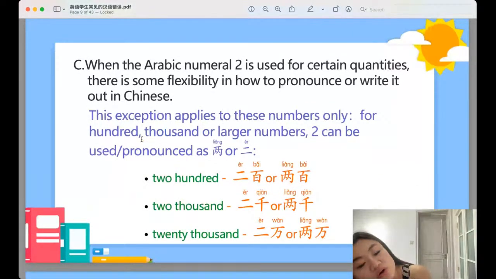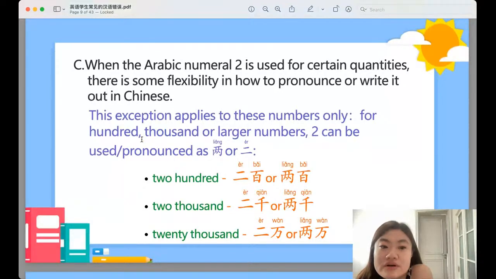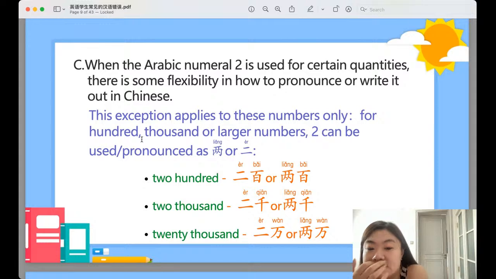And also, we can use 二 a lot of times to say numbers like 20 or 22, smaller numbers. So you will use 二. But for bigger numbers, like 200 or 2000, you can use either 两 or 二, so either way works. For 200, either way works.